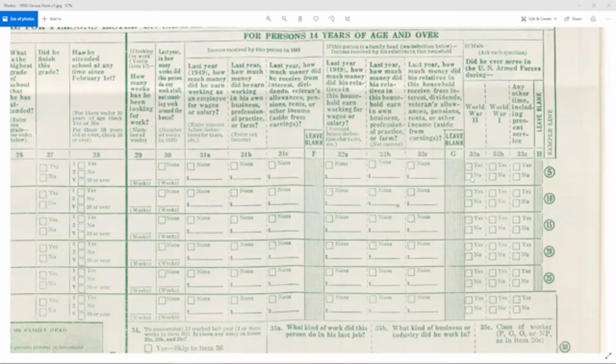So I'll be interested to see if enumerators marked these or not. It's unfortunate that it's if male, and the instructions even say to ask males 14 years of age and older. So that's kind of sad to see, unfortunately, but it was the reality, right?